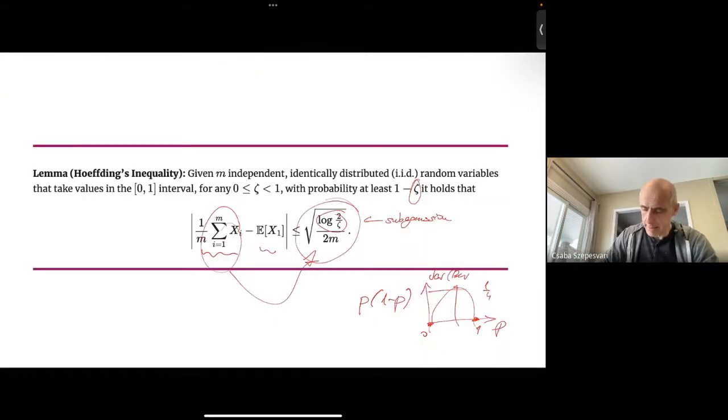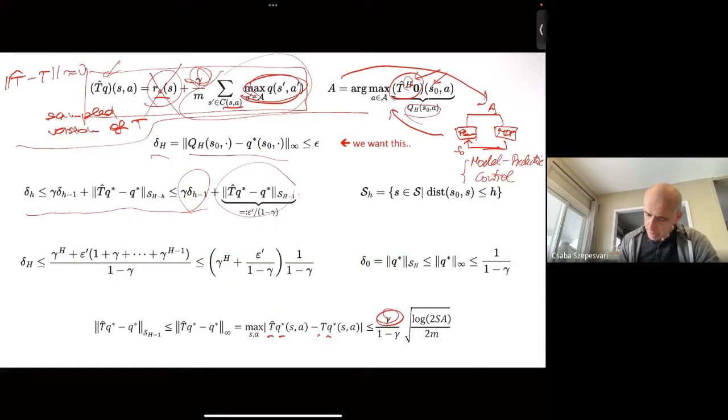So here we had the error bound, and naturally, if this xi lives in some interval of some length, then the length of the interval would show up in the upper bound. It's just scaling, right? Because you can always reduce this case to this other case by shifting and scaling. And so we shouldn't be surprised by seeing this 1 over 1 minus gamma.